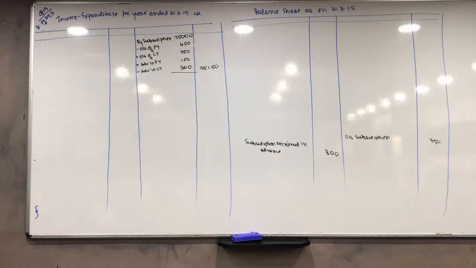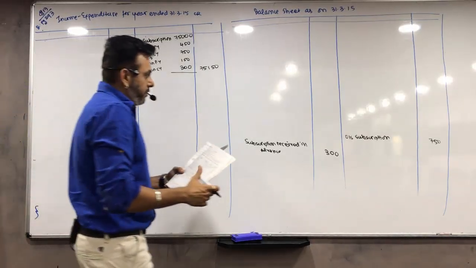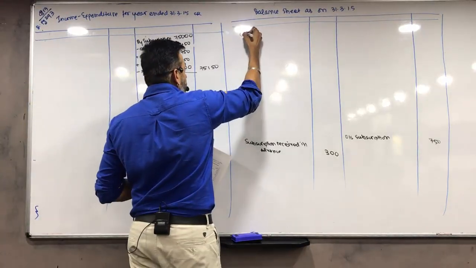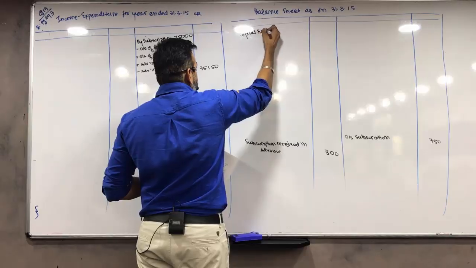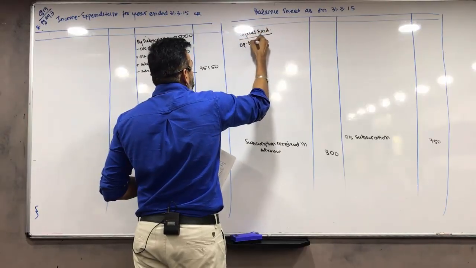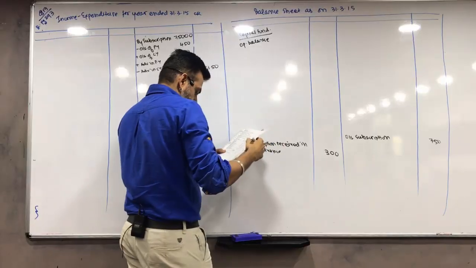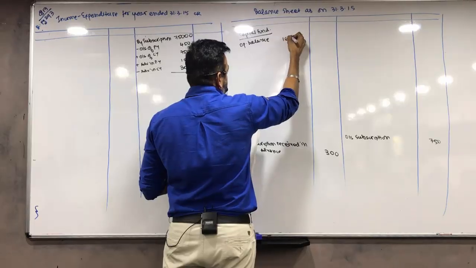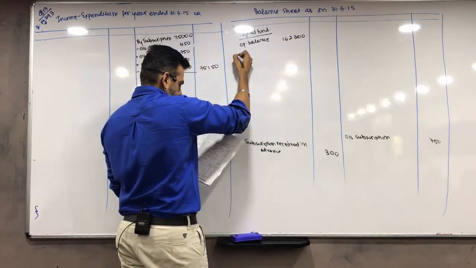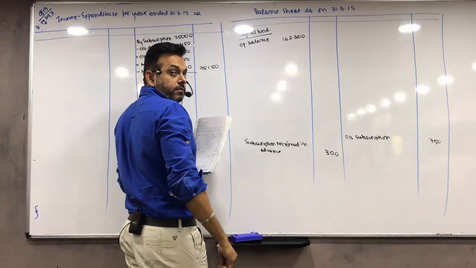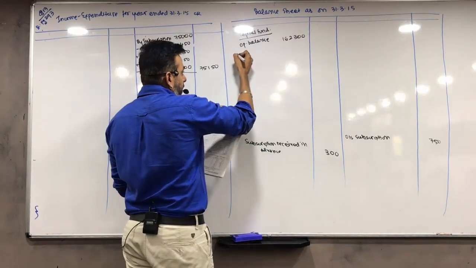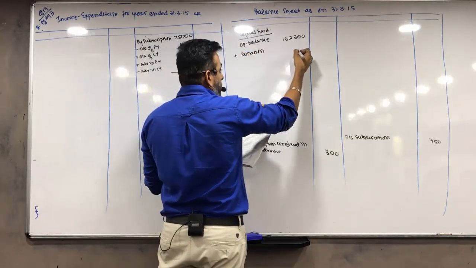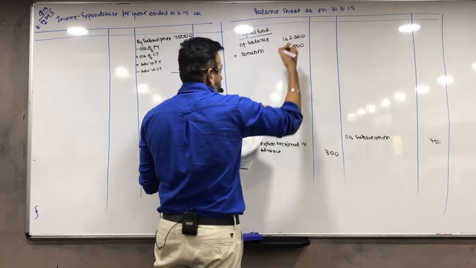Okay. Next, donation. We add it to capital fund. So let's write capital fund opening balance 1,62,300, plus donation 37,500.